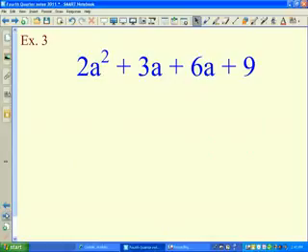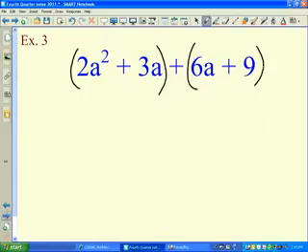2a squared plus 3a plus 6a plus 9. We have 4 terms here. First step, put parentheses. And notice I'm not putting parentheses around this plus sign. I'm just putting the parentheses right now around the monomials.